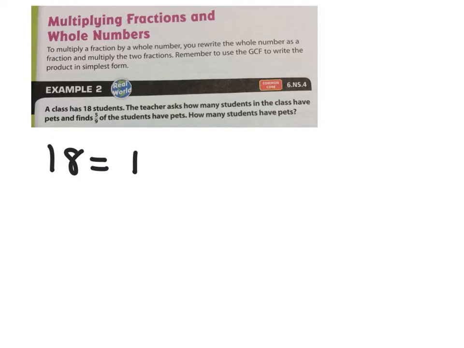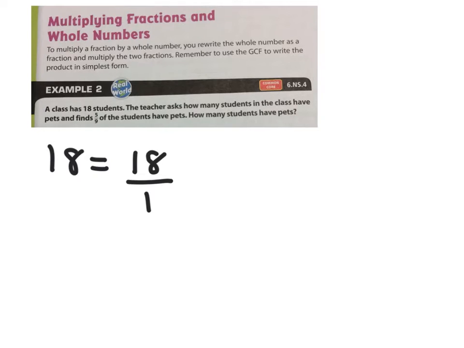And the fraction would be like 18 over 1, where you're looking for the 1 unit. How many 1 units are in 18? 18 of them are. So any regular number, integer, you can make into a fraction, or it could be a negative fraction.